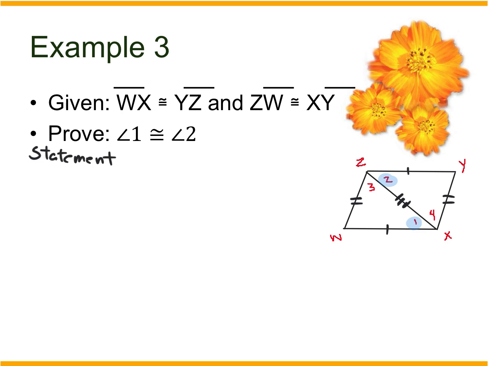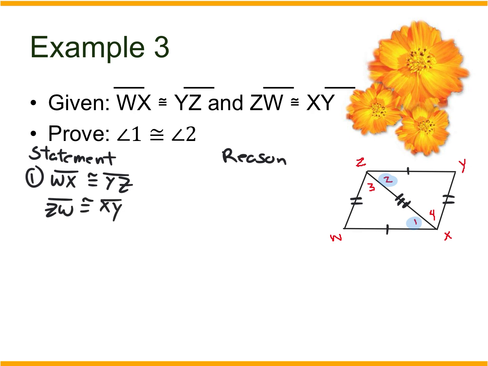Statement, reason. Our first one, as always, is the given. WX is congruent to YZ, and ZW is congruent to XY. That is the given. Now, after they already tell us that two of the sides are congruent, the only way for us to finish this is to prove the third side is congruent. So I'm going to do ZX is congruent to ZX, those segments, by the reflexive property.